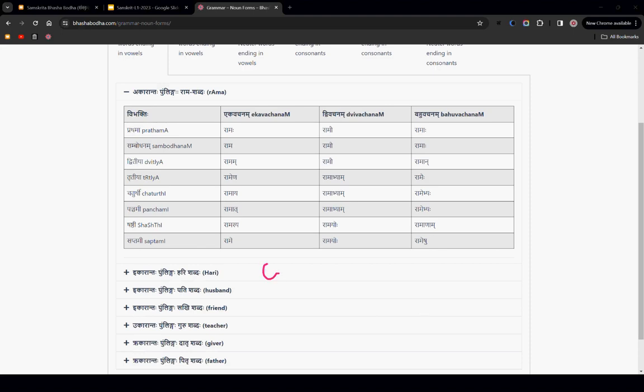Yes, with. So if you take an example with a sentence, can you form a sentence with a word which has the instrumental case? Is there a sentence?